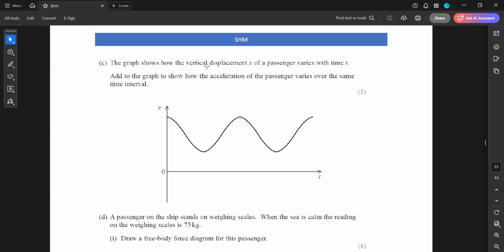Now the graph shows how the vertical displacement x of a passenger varies with time. Add to the graph to show how the acceleration of a passenger varies with time. When we work out the acceleration, because we know in simple harmonic motion acceleration is directly proportional to displacement, and a negative sign indicates it is always directed towards the center.